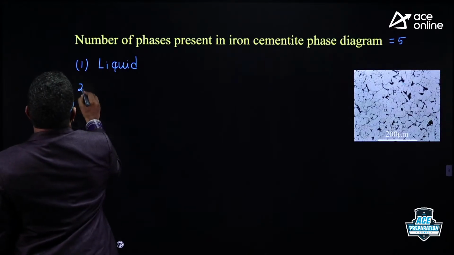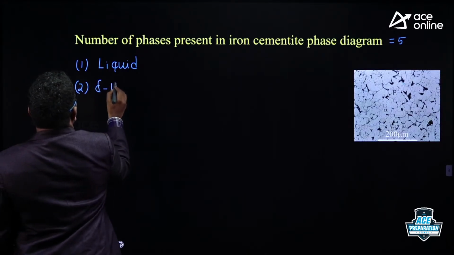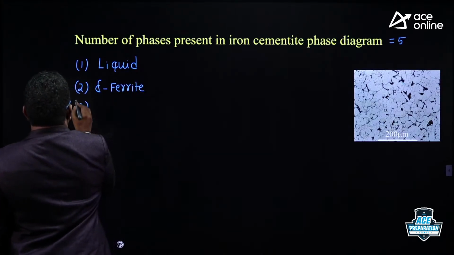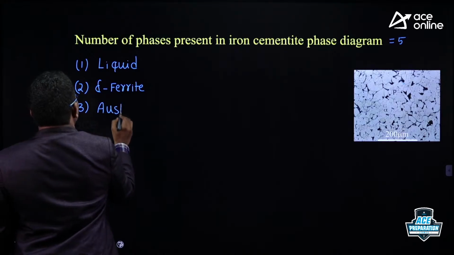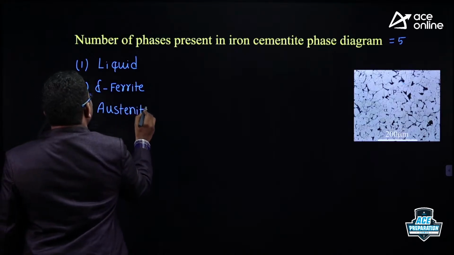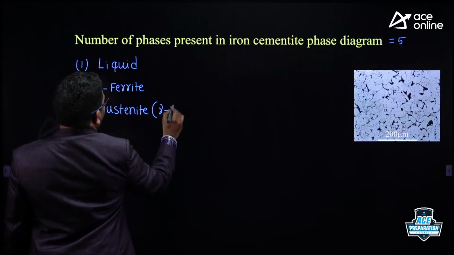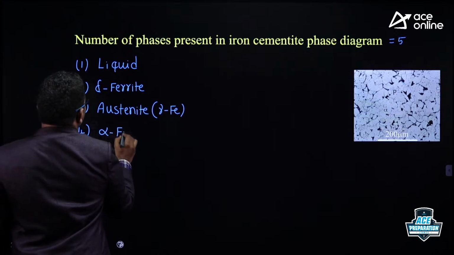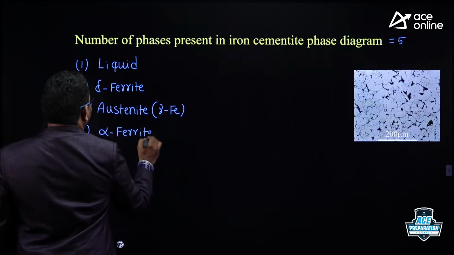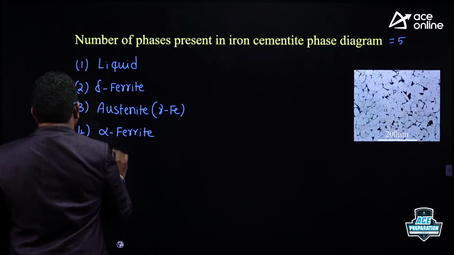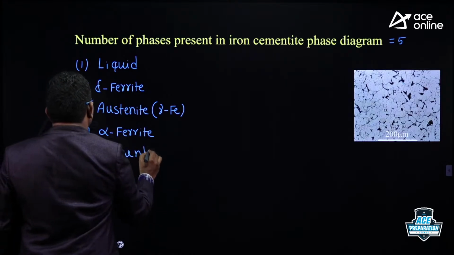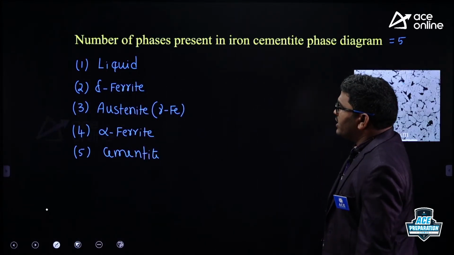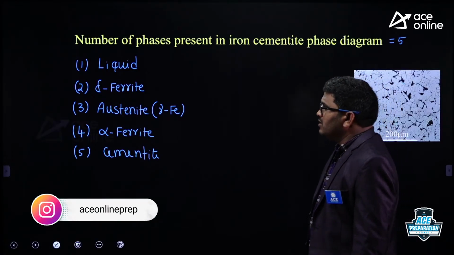Second is delta ferrite, third is austenite, that is nothing but a gamma iron, fourth is alpha ferrite or alpha iron, and fifth is cementite. You should remember all these phases: cementite, alpha iron, delta iron, austenite.